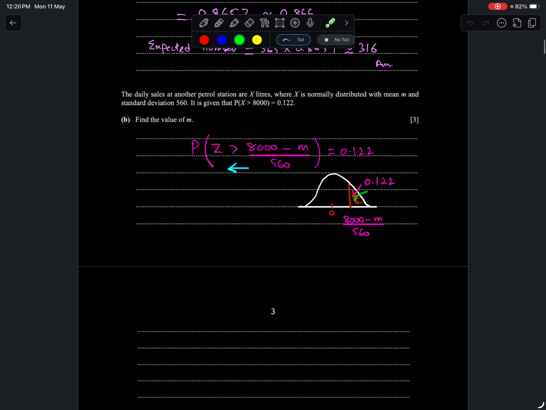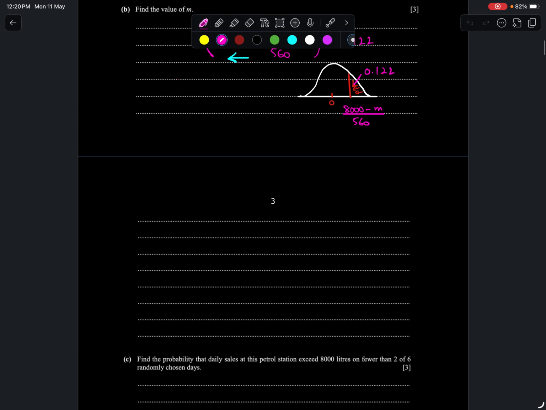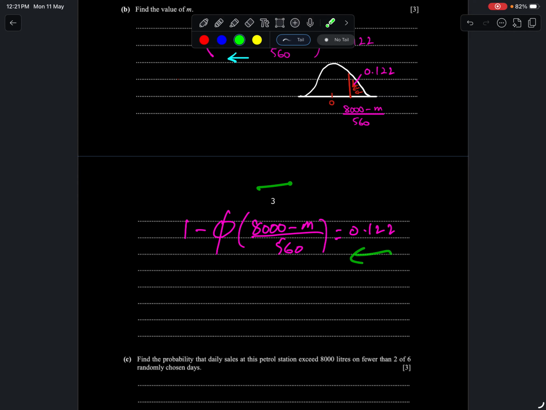Now since this area is small, write 1 minus phi, this unknown, upon 560 is equal to area. Then solve this. Bring this here, shift this to the other side, find phi inverse, and then get the value of n.